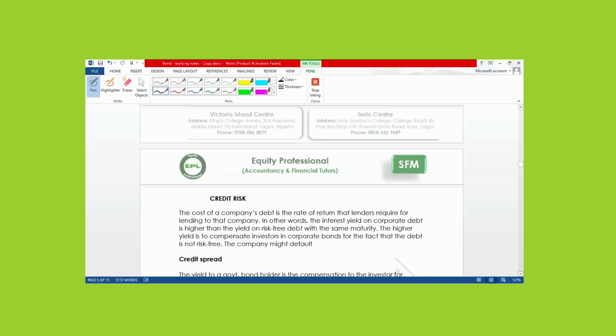A company issues bonds to borrow money with a promise to pay interest annually and principal repayments at future dates. That company may default on payments.